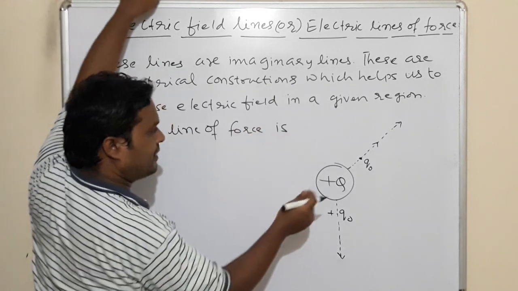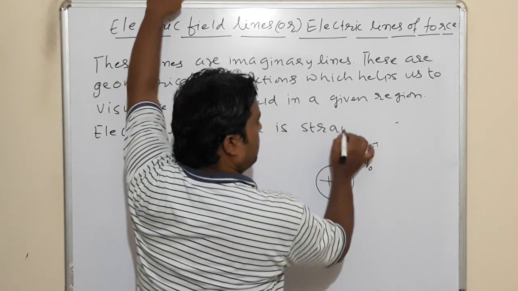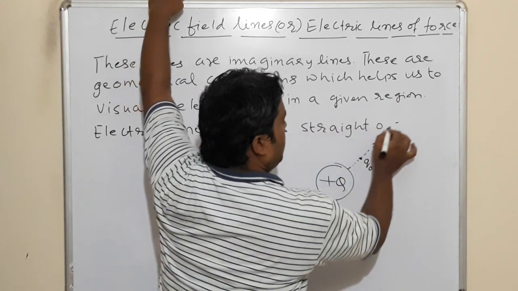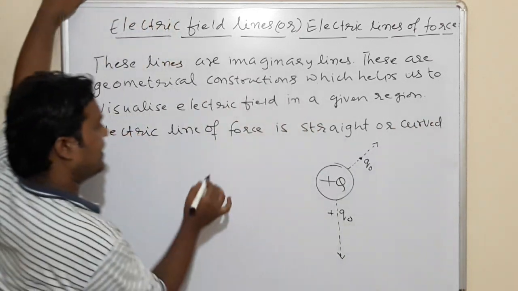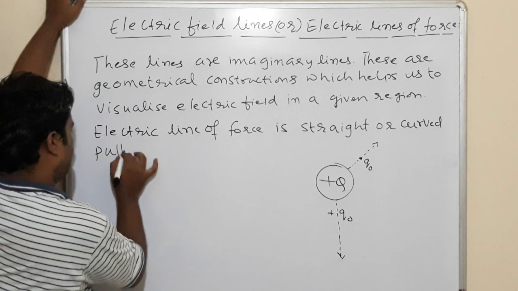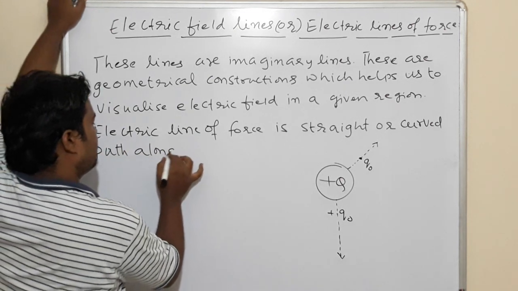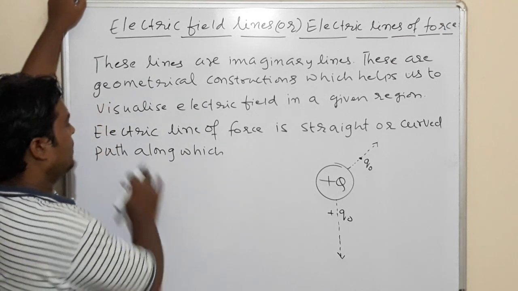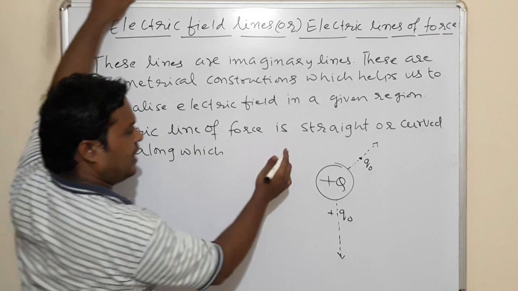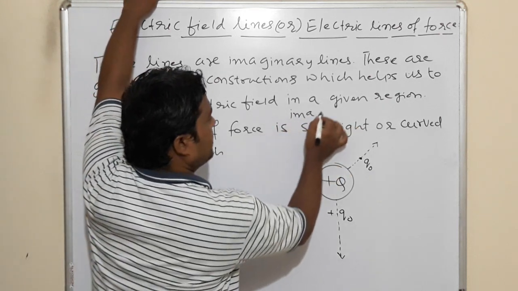Electric line of force is a straight or curved path along which a test positive charge will move if it is allowed to move. Electric line of force is an imaginary straight path. Imaginary, this you have to mention.